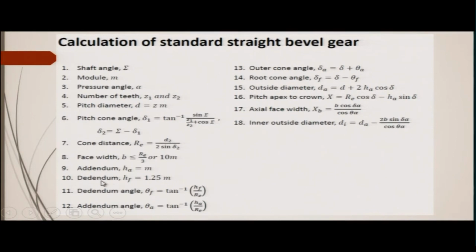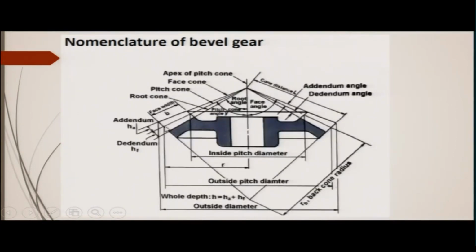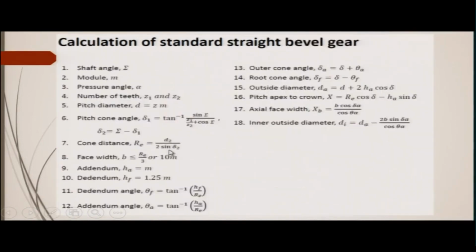And when you are finding out the dedendum, this is the dedendum here, HF, this is normally 1.25 times the module that you have selected. Now, the dedendum angle is given by tan inverse of HF divided by RE. HF is the dedendum and RE is the cone distance given here.